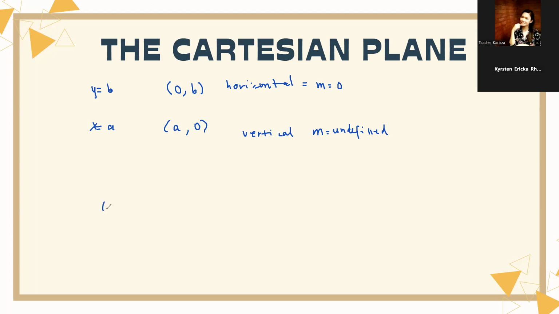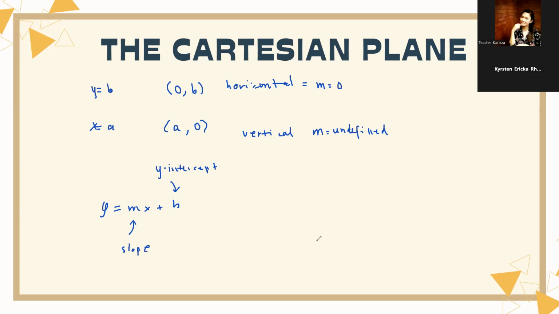Kasi when you have your slope-intercept form, diba, this is y equals mx plus b, where b is the y-intercept, right? Yeah, tama. This would be your y-intercept. So this would be your slope.